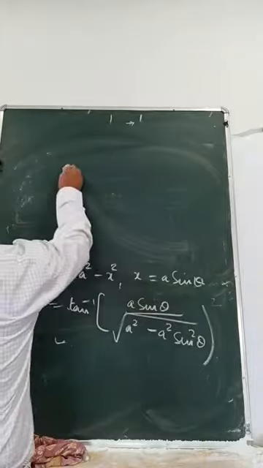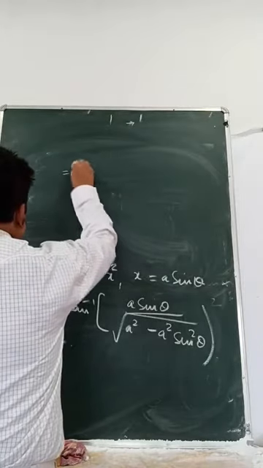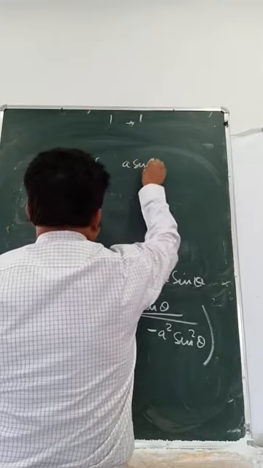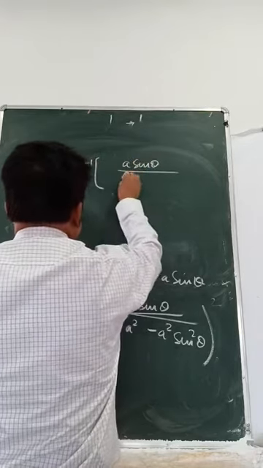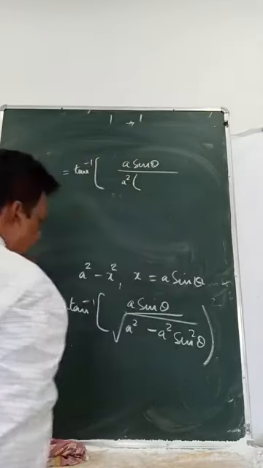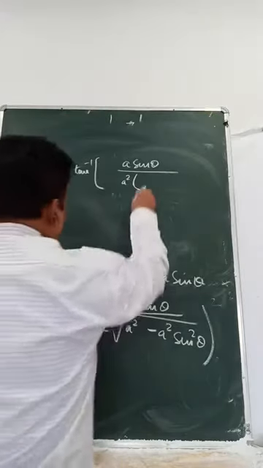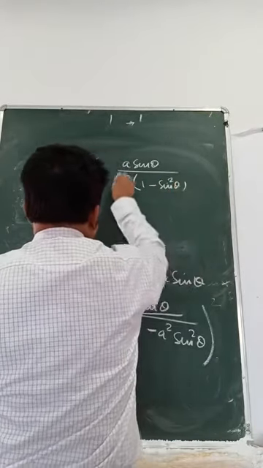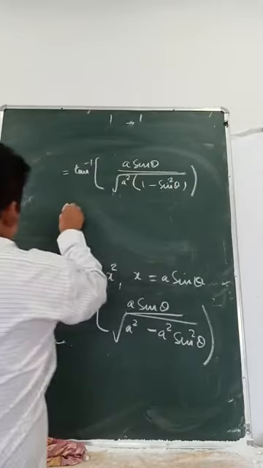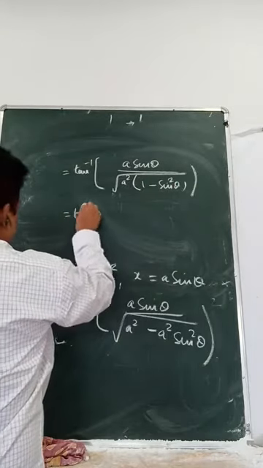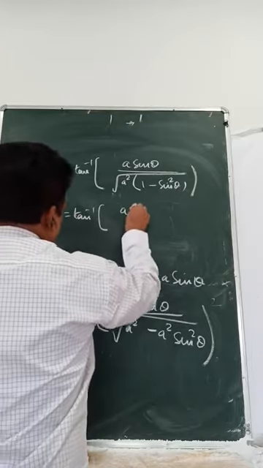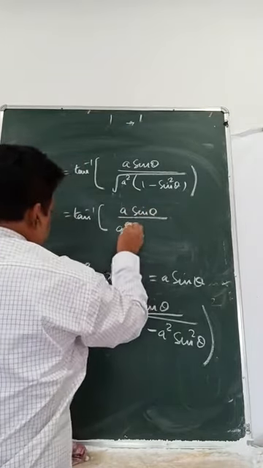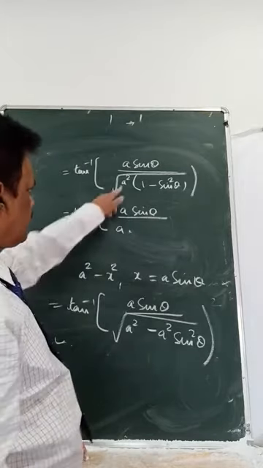So that is tan inverse a sin theta by, if I take a square common, 1 minus sin square theta, the square root of a square.